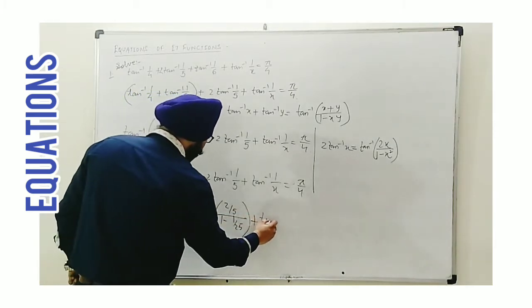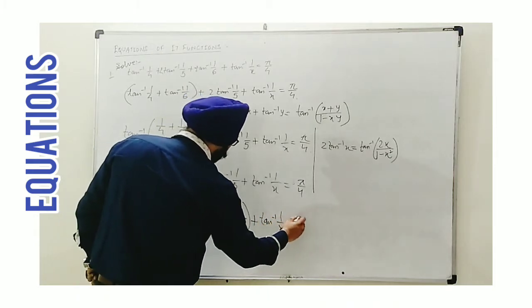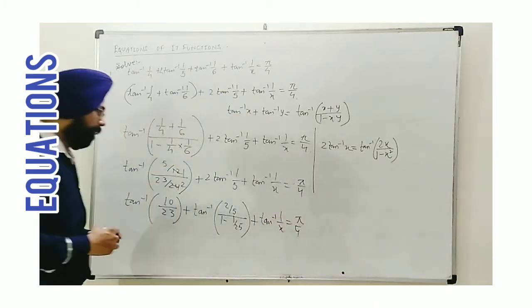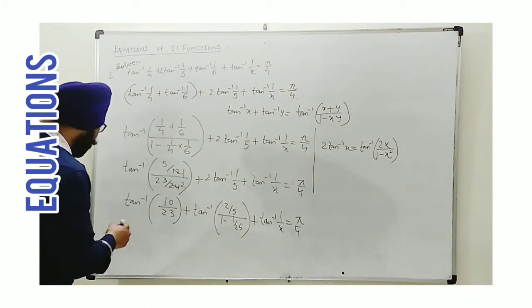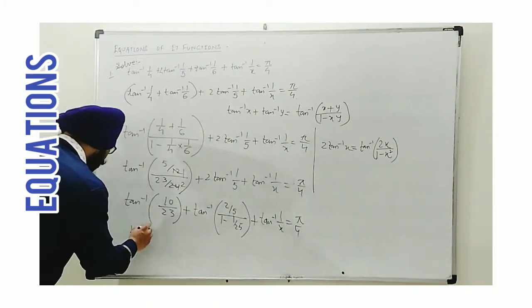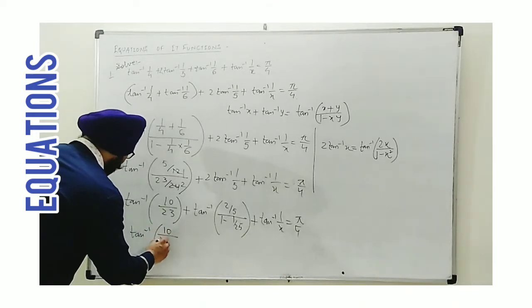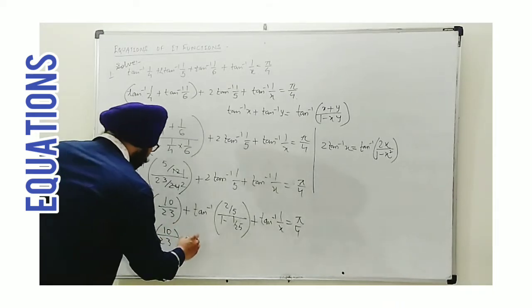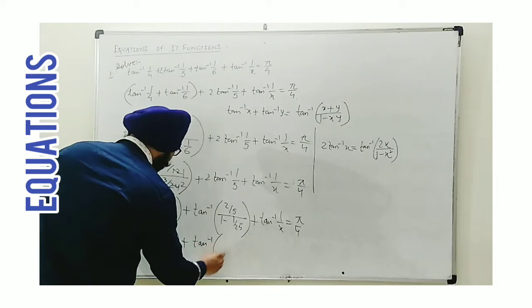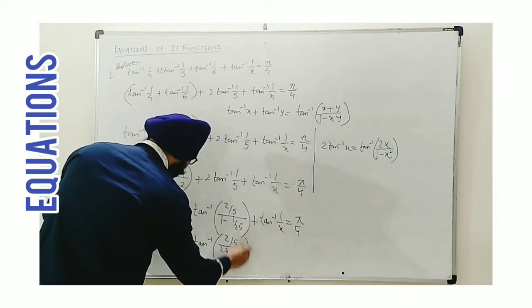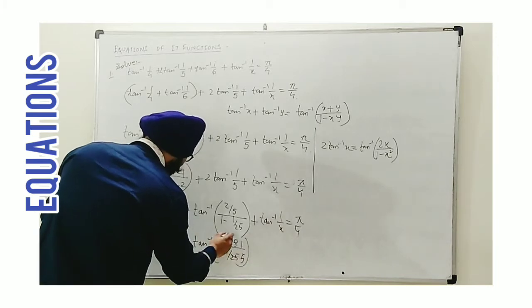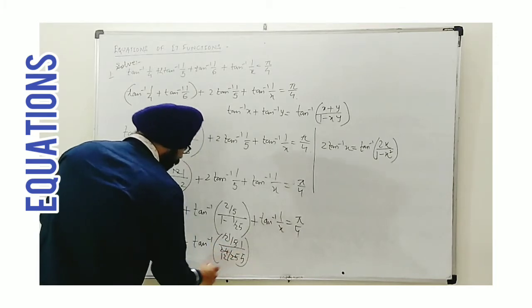And still tan inverse 1 upon x goes parallel, no change till we simplify these two terms now. Okay, now simplifying here we get tan inverse 10 by 23 plus tan inverse, it becomes 2 upon 5, 24 upon 25, by cancellation we get 5 by 12.